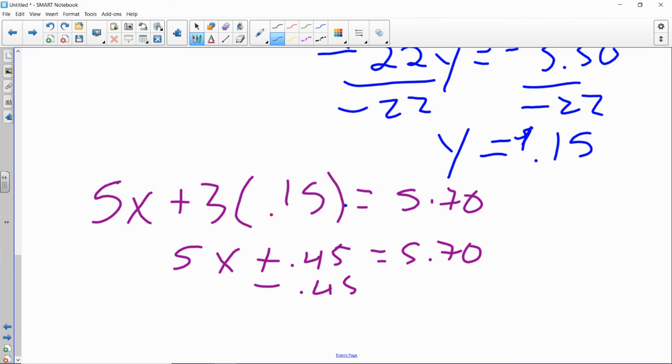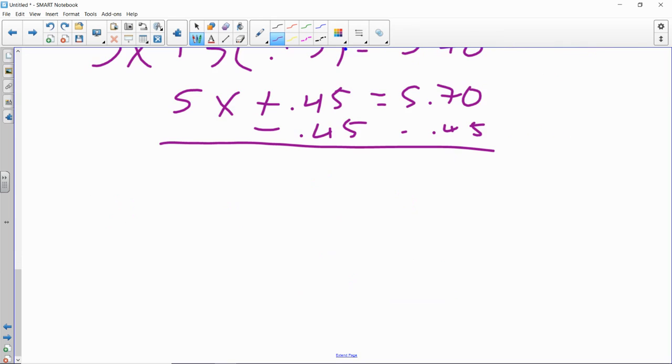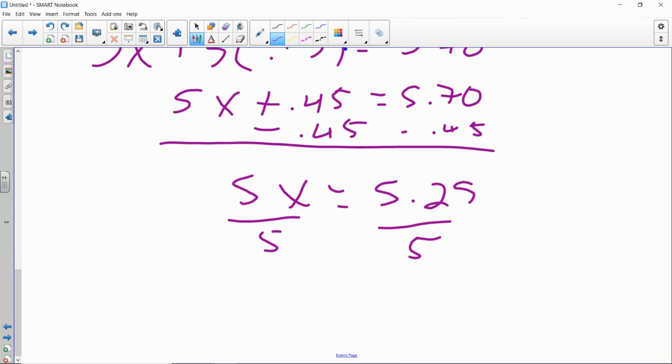Subtract this 45 cents from both sides. And divide by 5. To find out that the price of fudge is $1.05. So fudge is $1.05. Gum was 15 cents. That should be a solution.